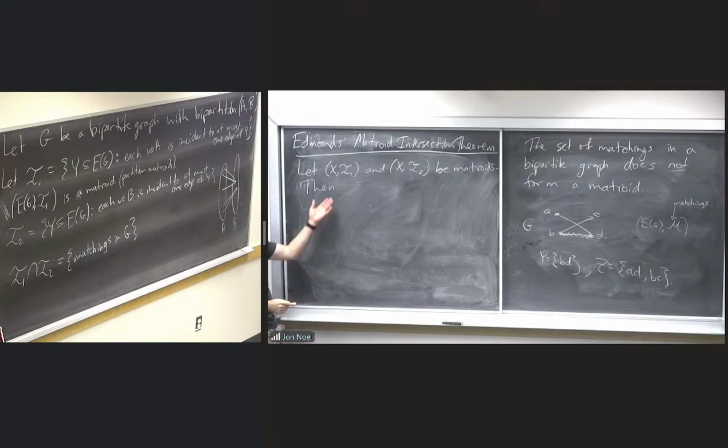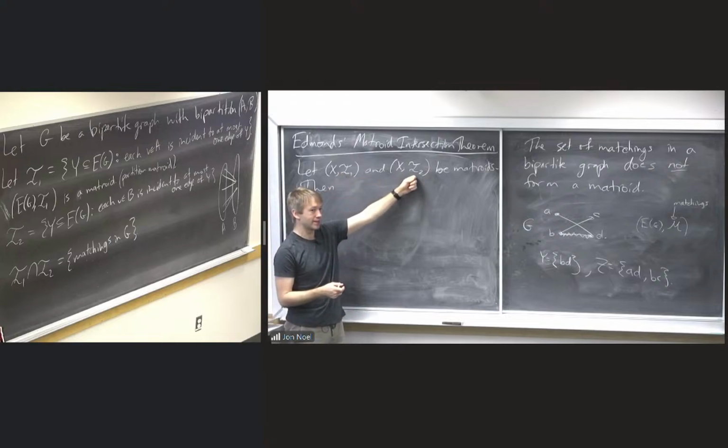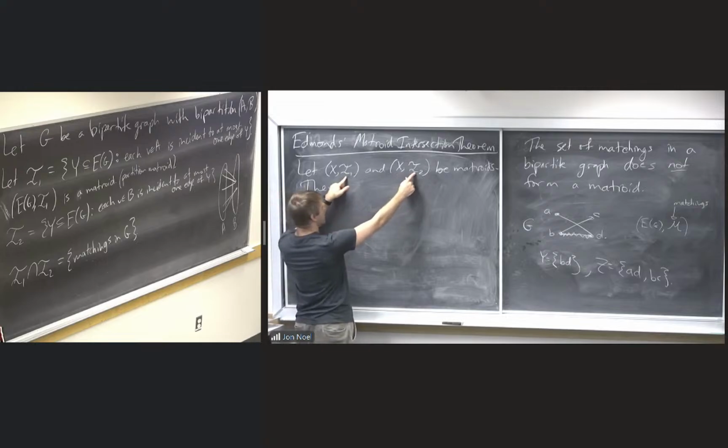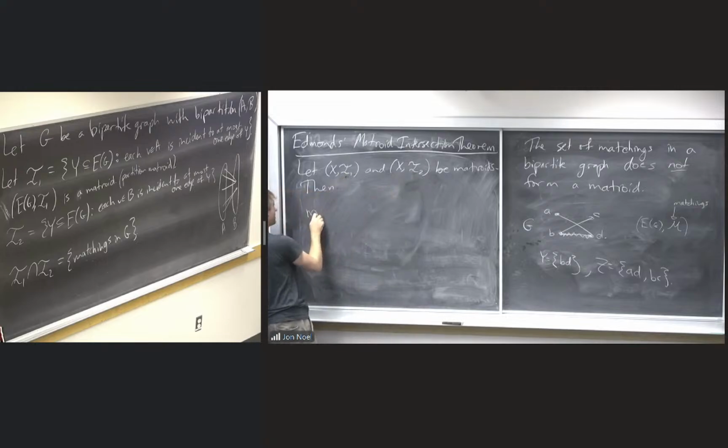My goal is to find the biggest set that is independent in this matroid and that one simultaneously. So I want to find the biggest thing in the intersection of these collections: the max of the size of Y such that Y is in I1 and I2. For example, the biggest matching in a bipartite graph.